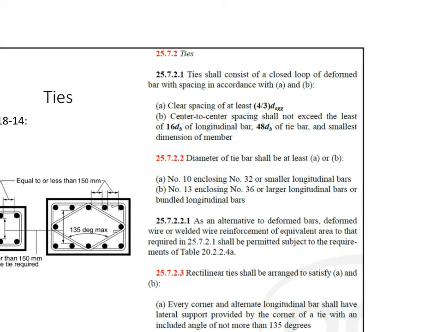The center to center spacing shall not exceed the least of 16 db, 48 db, and the smallest dimension of the member, right? Remember that the 16 diameter of the bar is the diameter of the longitudinal. The 48 diameter of the bar is the tie diameter. Okay? This is tie, this is longitudinal.